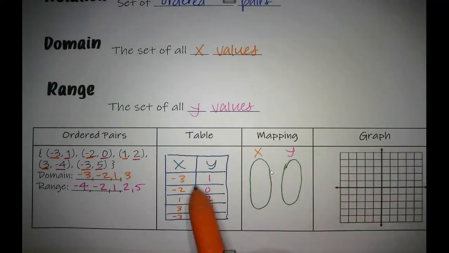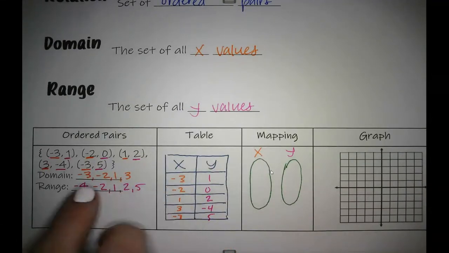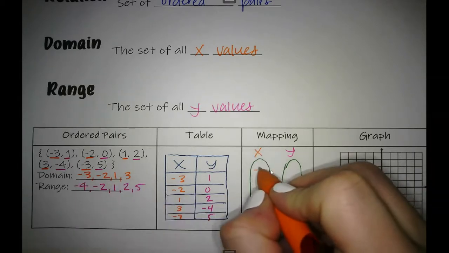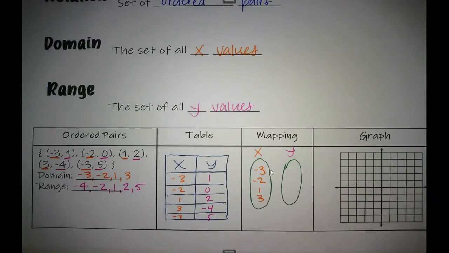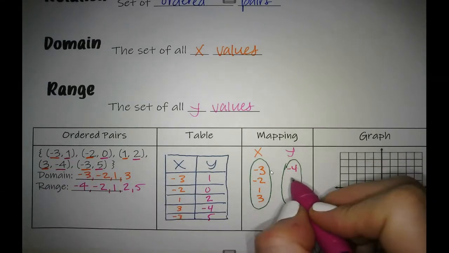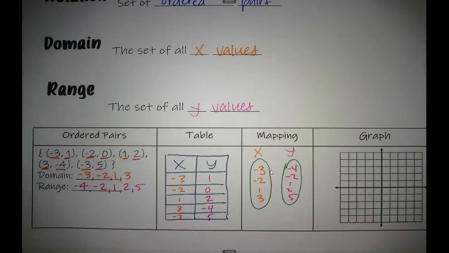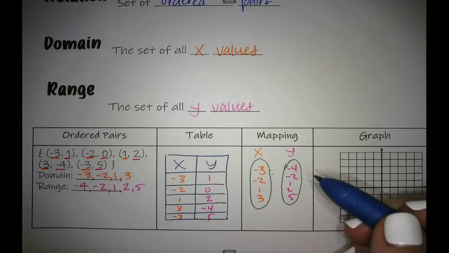The only difference between our table and our mapping is our mapping is going to look more like how we wrote out our domain and range, meaning that if there's one number that's repeating on either, we don't rewrite it. So we've got -3, -2, 1, and 3. And then we've got -4, -2, 1, 2, and 5. And then what I'm going to do is I'm going to map, or I'm going to draw lines from my x value to every y that it corresponds to.